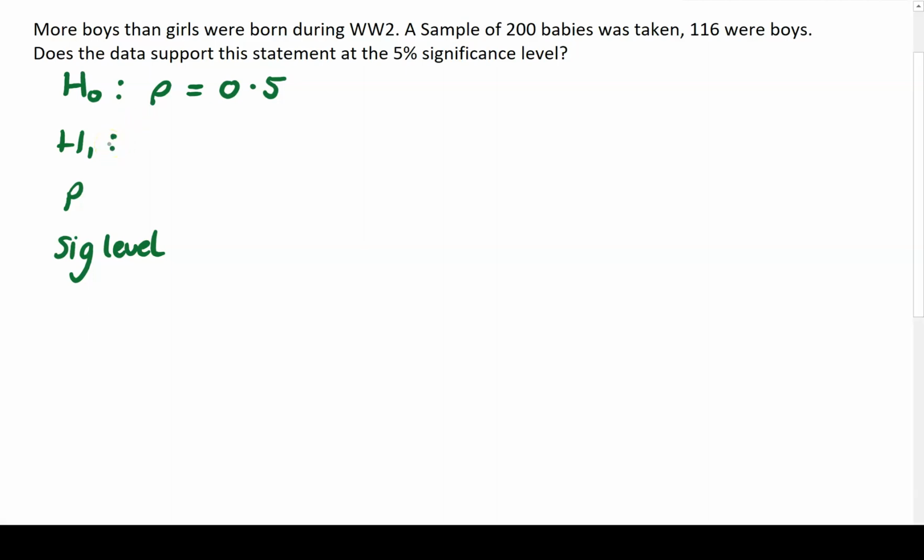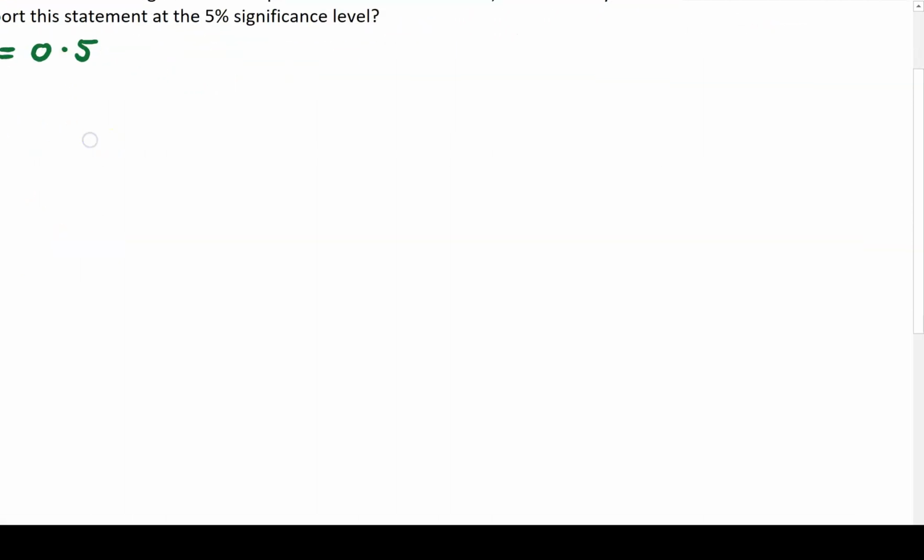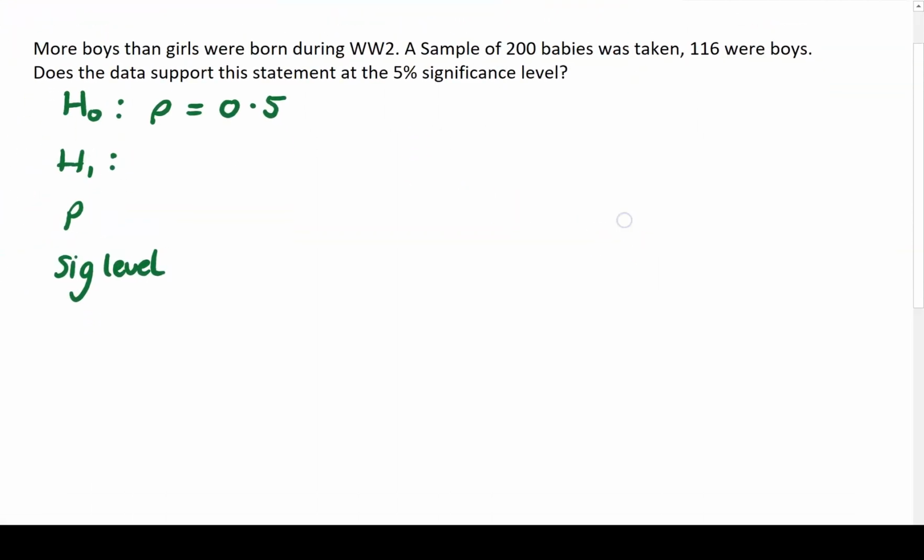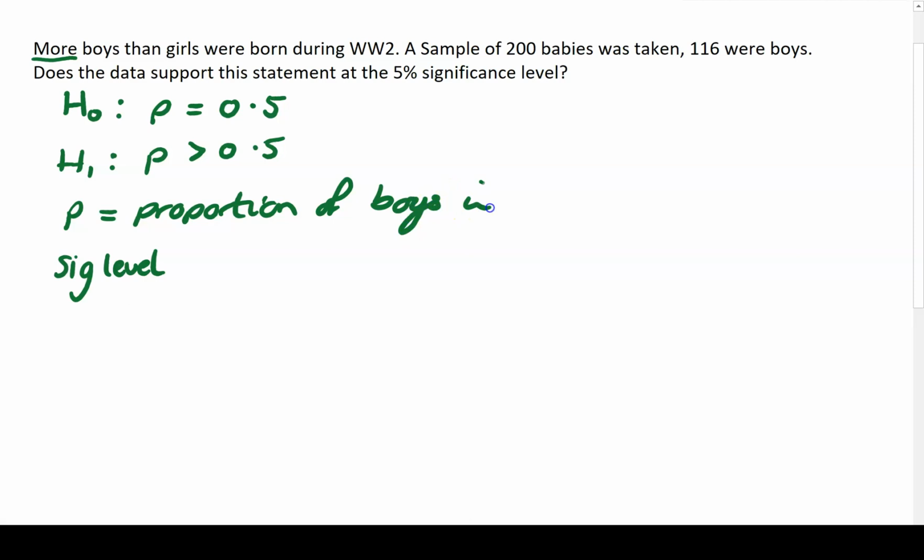The alternative, the thing we are trying to test, it says more boys than girls. So we say more than 50% of them were boys. And the thing we were measuring is the proportion of boys in a sample of 200.